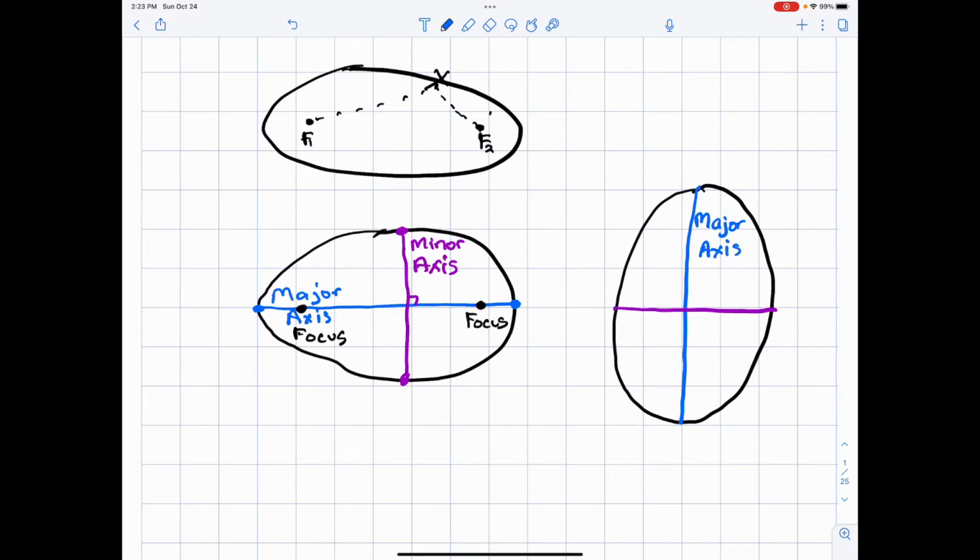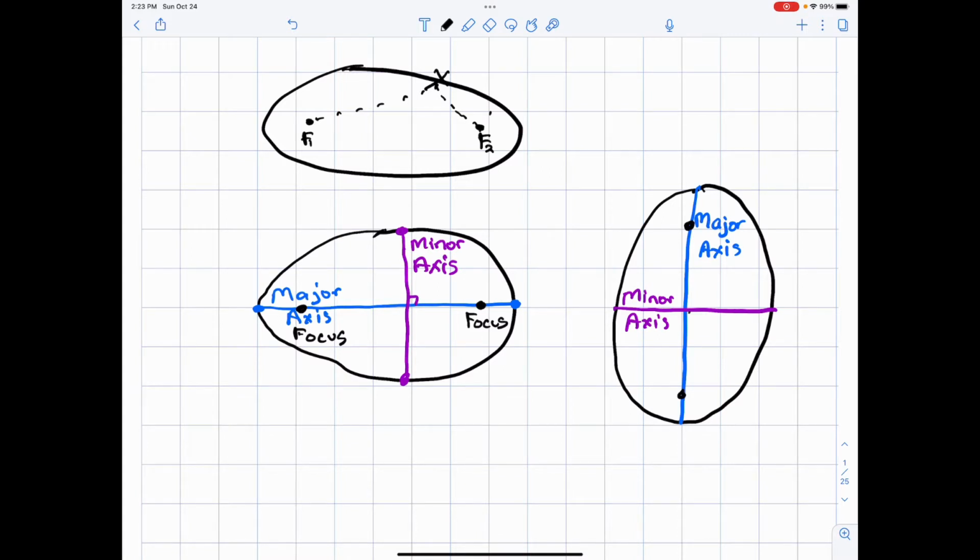And again, the foci would be along that major axis. So that's something to keep in mind as well.